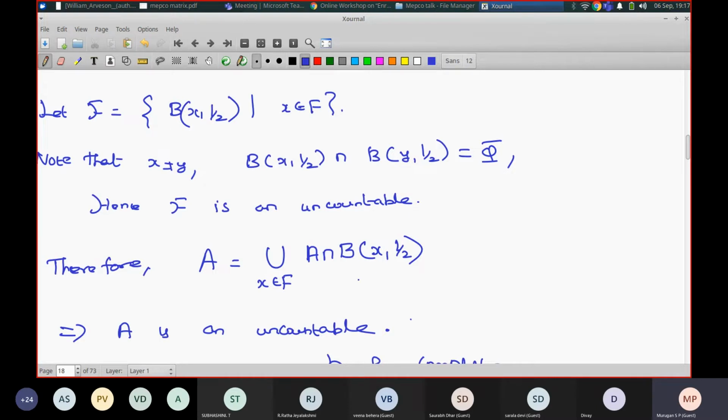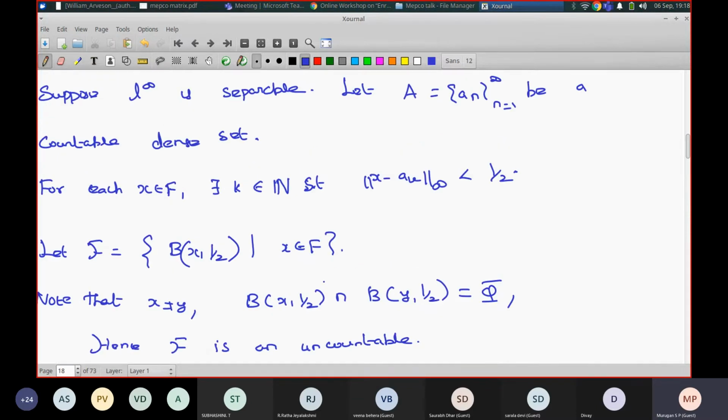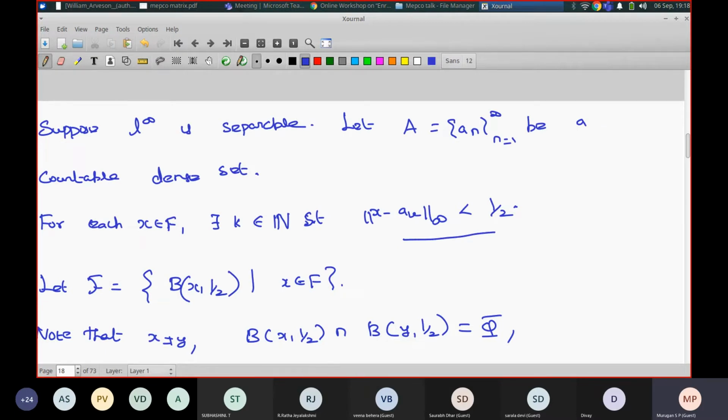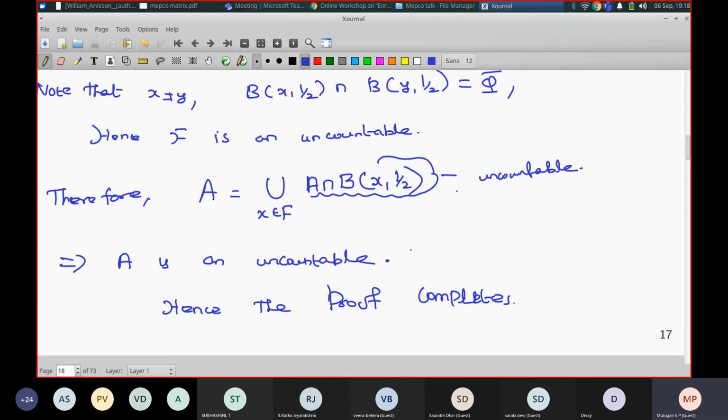So what we have written here is that A is a union of a disjoint collection of sets. Because script F is uncountable, this collection A intersection B is uncountable, and it is also disjoint. And by this property, each a_k is in this set.